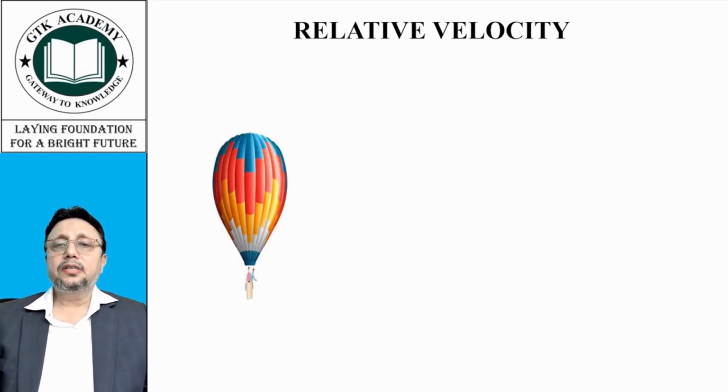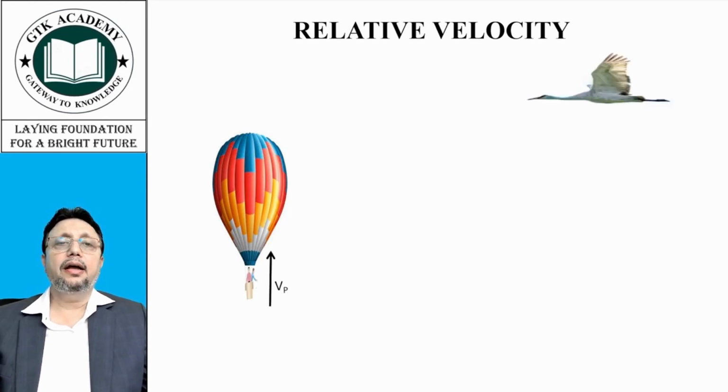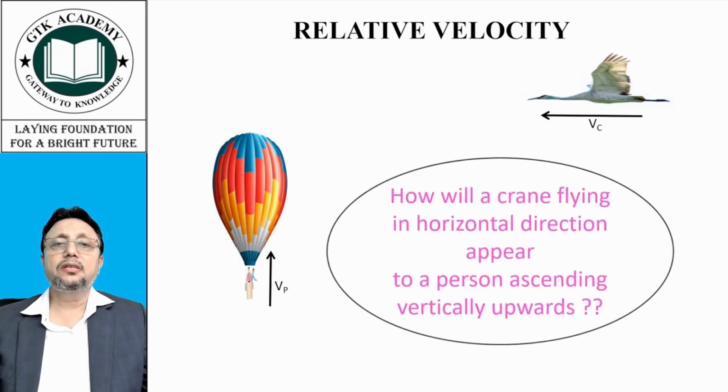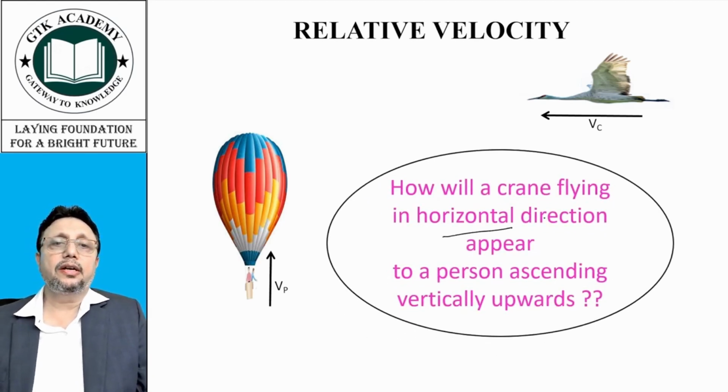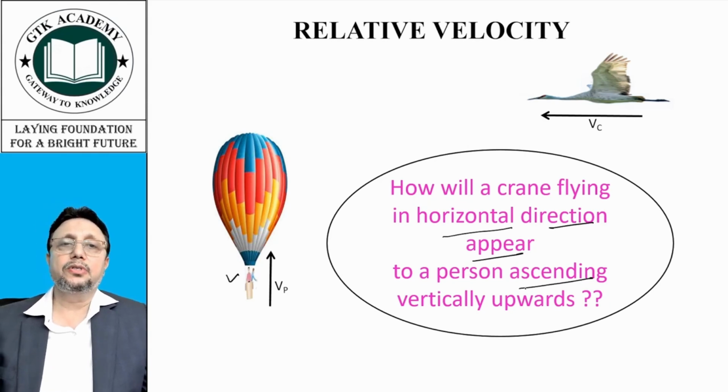For example, this is a person who is going vertically upwards in a balloon, VP, and there is a crane which is flying like this with a velocity of VC. Now my question is, how will a crane which is flying in a horizontal direction appear to this person who is ascending vertically upwards?